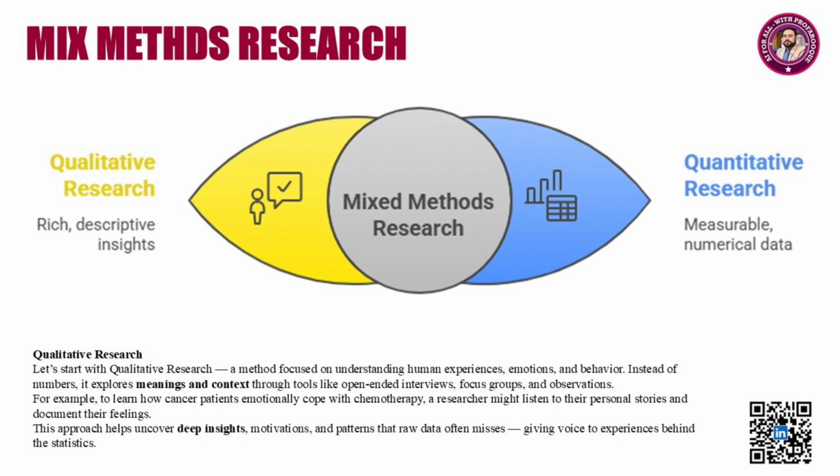For example, in an education study, a researcher might first use a questionnaire to collect numerical data on student performance, that's quantitative, and then conduct interviews to explore how students feel about the teaching method, that's qualitative. Mixed methods allow for a fuller understanding, combining the strength of numbers with the depth of human perspective.